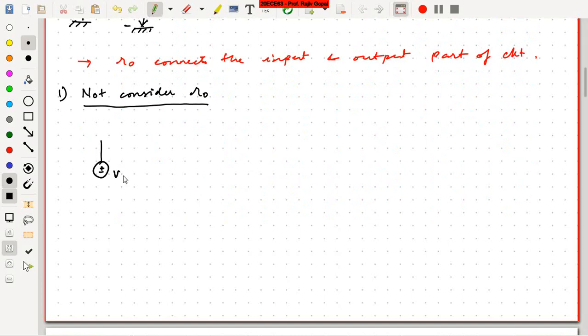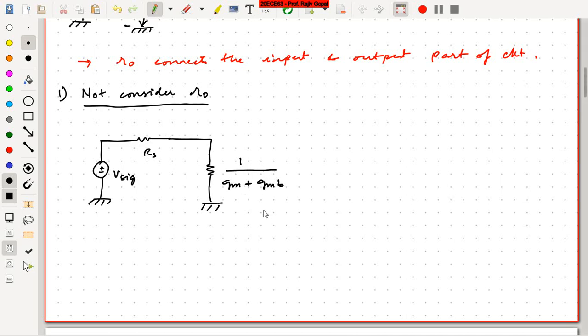This will become plus minus V signal. I'm not considering R naught in this case, first case. So this will be RS. Then you have this resistance here, which is 1 by gm plus gmb.